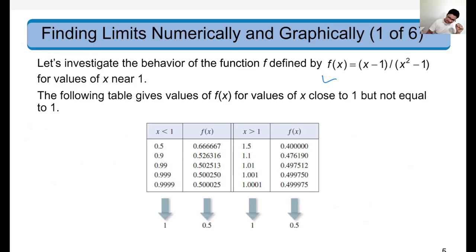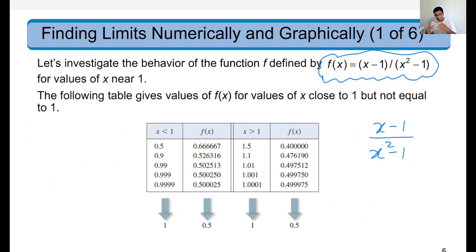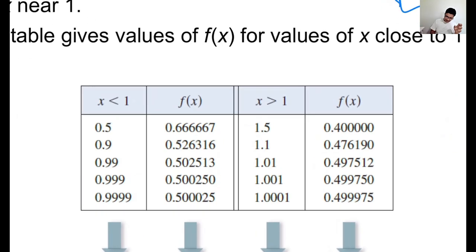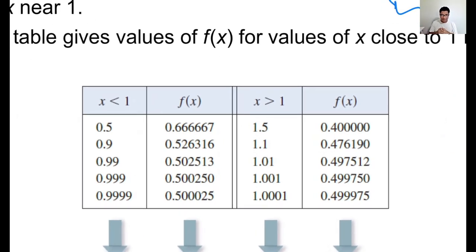Consider this function f of x equals x minus 1 over x square minus 1. Let me put it this way if it helps you understand. The x square minus 1 is in the denominator, x minus 1 is in the numerator. Now I will zoom in on the table of values. We have seen this pattern previously also while trying to calculate the slope.